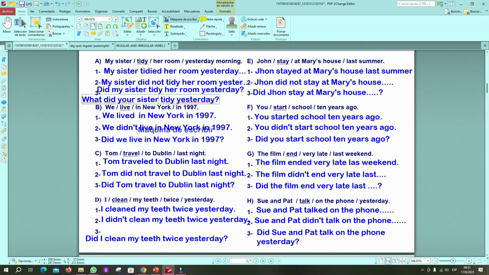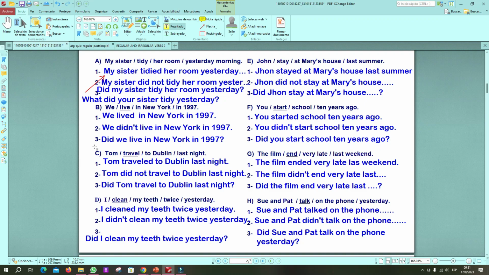So what did your sister tidy yesterday? And you can answer, my sister tidied her room yesterday. So you can have this as an answer, right? So, what did your sister tidy yesterday? My sister tidied her room yesterday. That would be one, right?